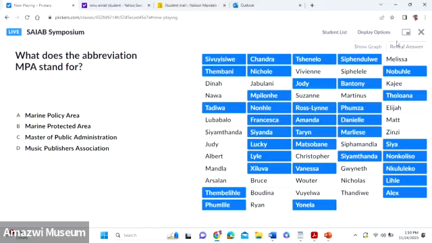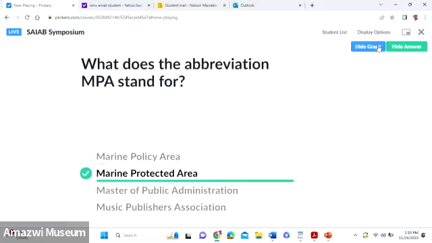The correct answer is B, Marine Protected Area. So most of you guys got the answer correctly.